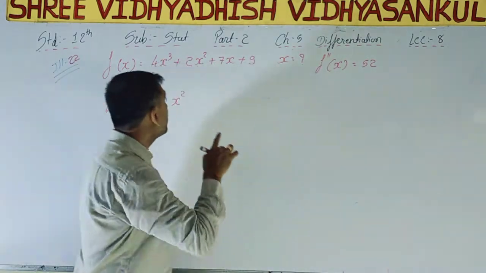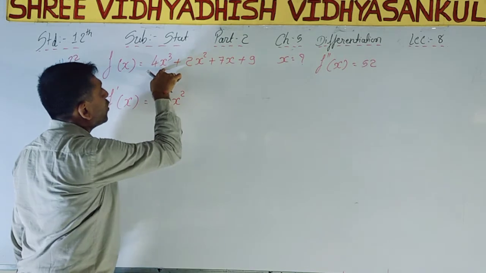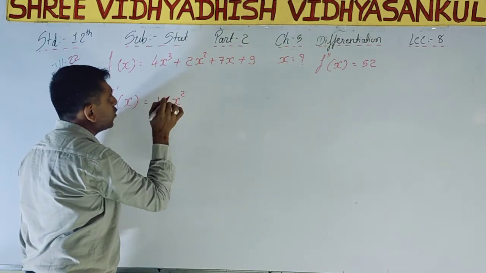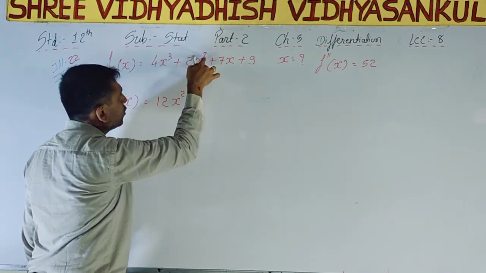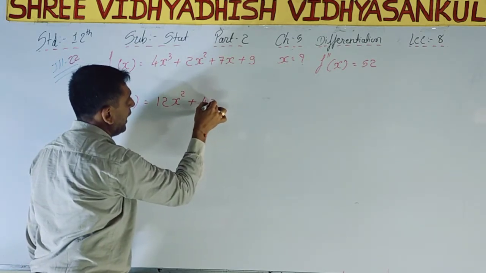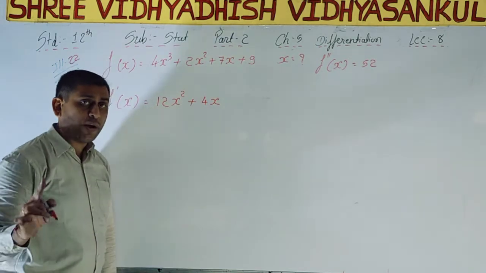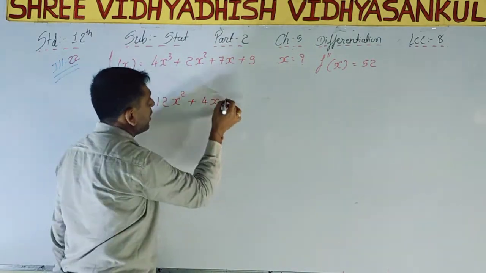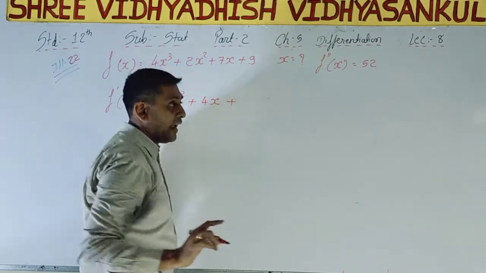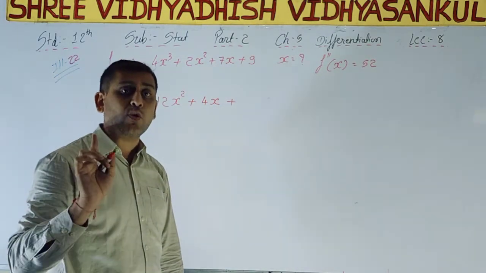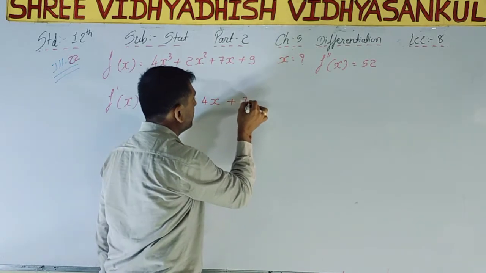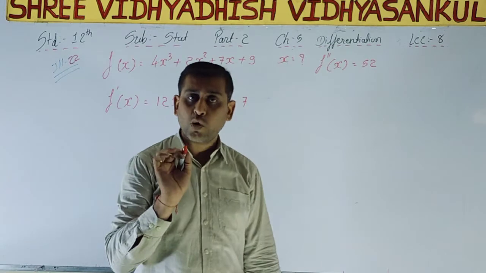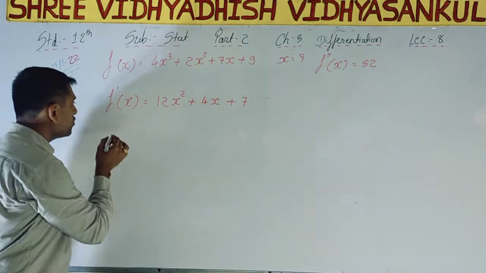That's why 3 into x raised to 3 minus 1, that is 2; 4 3s are 12, so 12x^2, plus 2 2s are 4x, x raised to 2 minus 1, that is 1, so we don't have to write 1, 4x, then plus 7, the differentiation of x is 1, that's why 7. And the differentiation of 9 is 0, so we don't have to write that.